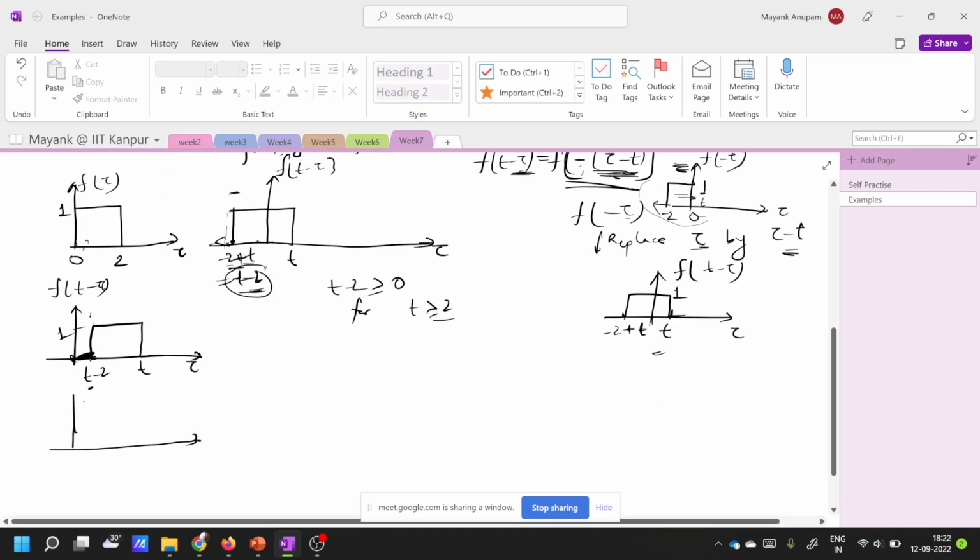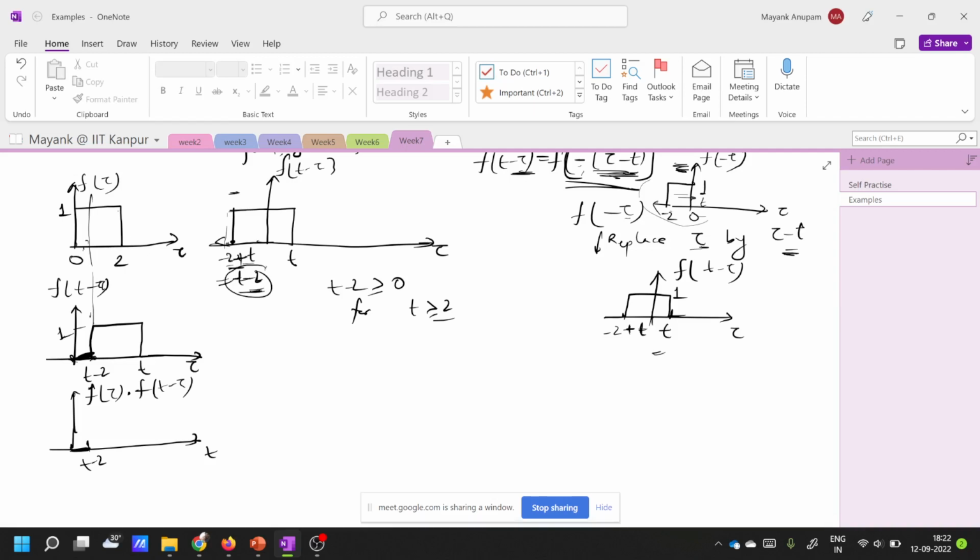So I will plot it like this here. Your signal will become like this. Up to t minus 2, your f of tau multiplied by f of t minus tau will be equal to 0. Now between these 2 points, from here to here, this is equal to 1 and this is also equal to 1, isn't it?